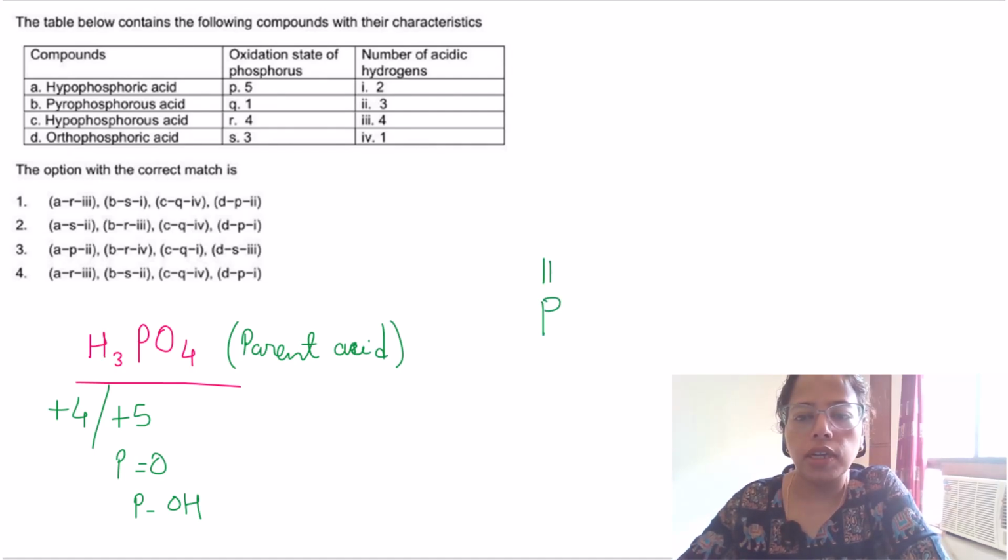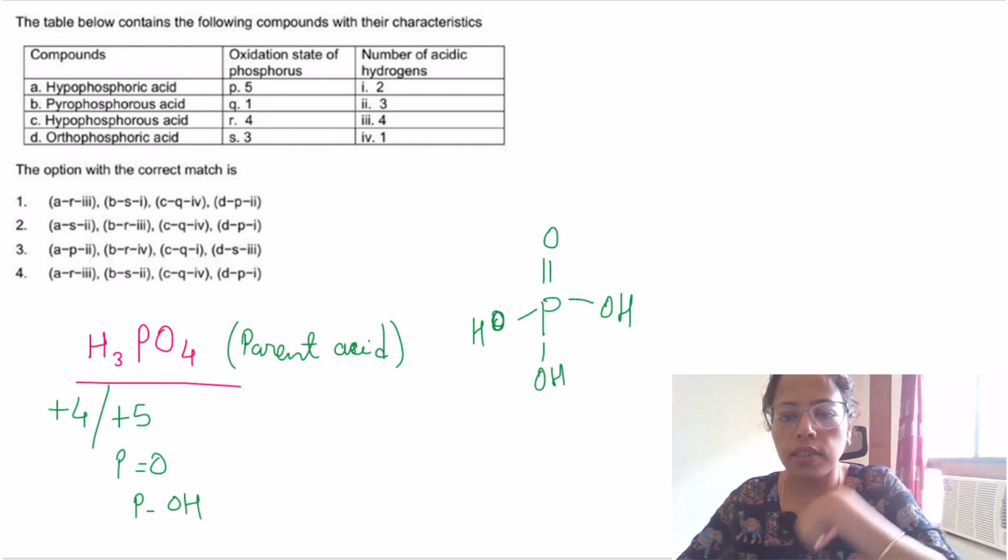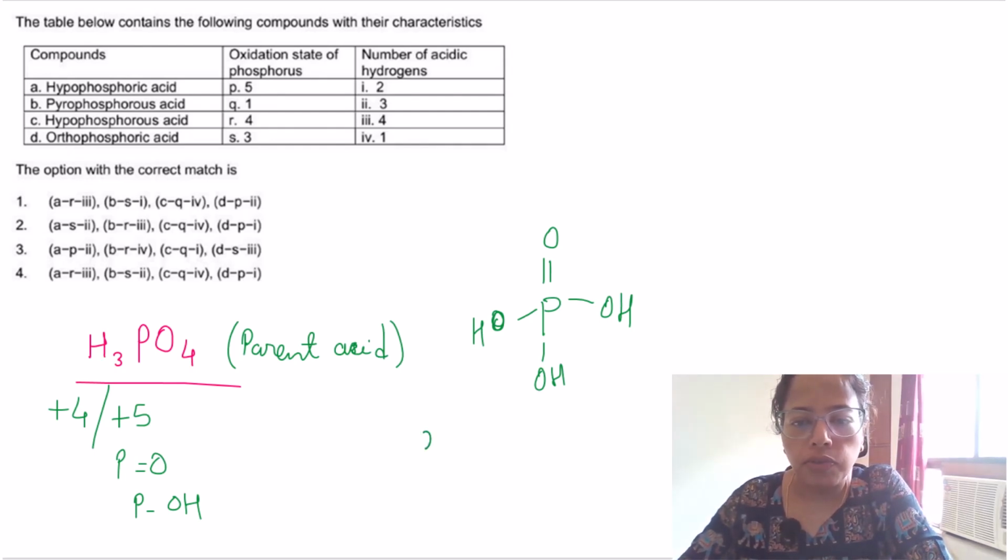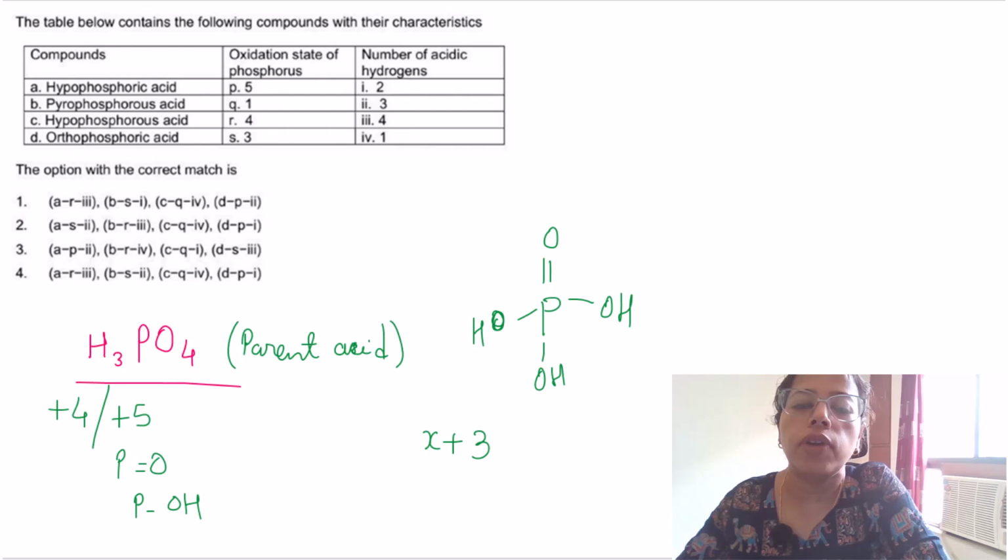So we have 1 P double bond O and 3 OH bonds. So we have H3PO4. Now from here we can very well calculate the oxidation state. That should be the highest, around 5. So let's check. Let's consider X for phosphorus. Then we have 3 hydrogens, so +1 into 3, +1 being the oxidation state of hydrogen, which gives +3.